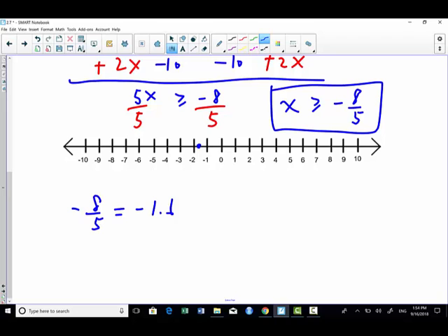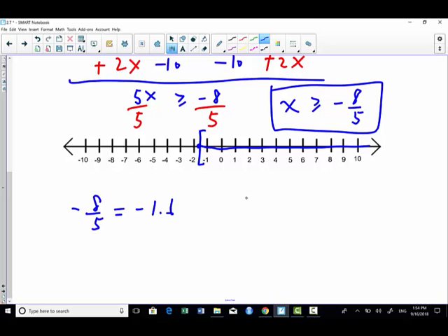And also it's greater than or equal to, so you gotta use a square bracket to be at x equal to negative 8 over 5. And also you shade that part to the right of that number. So this is the graph of the inequality x greater than or equal to negative 8 over 5.